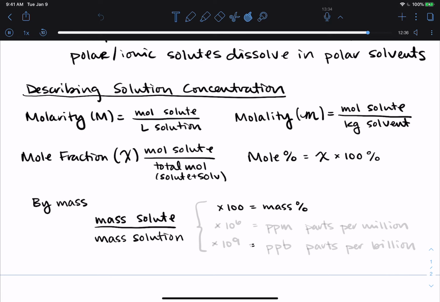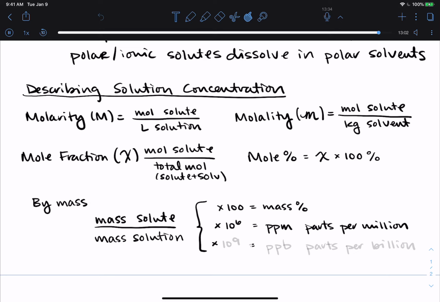Now this also works for two other types of units. If instead of multiplying by 100, you multiply by 10 to the 6th, you get something called ppm, which is parts per million. This is really great for something that's not super concentrated.